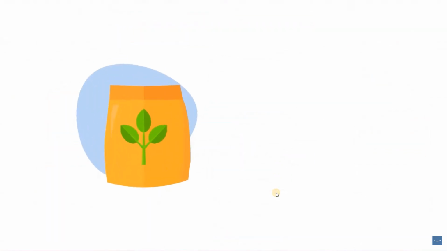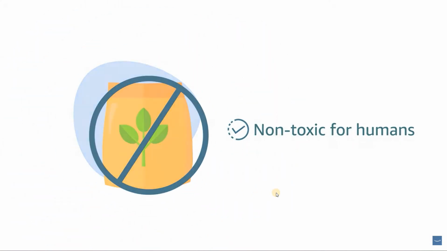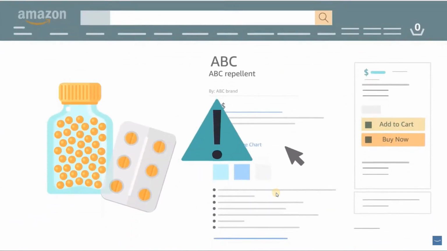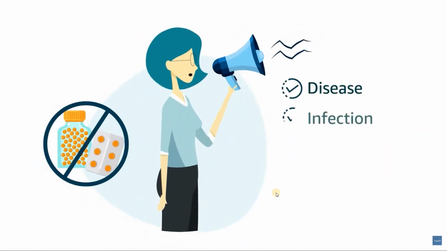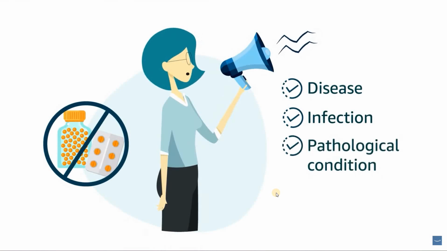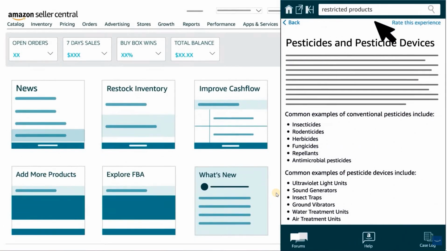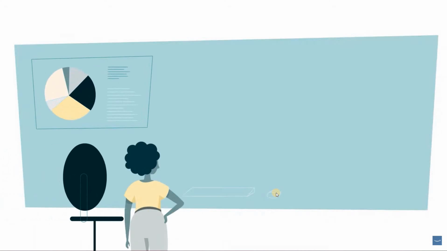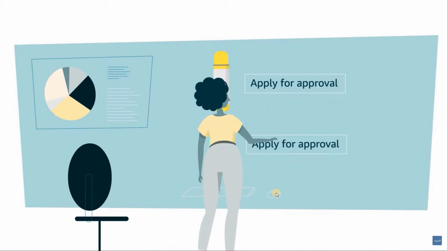Further, pesticide products that make public health claims are also prohibited. For example, Amazon prohibits the sale of any product that is marketed to control or mitigate any disease, infection, or pathological condition. For more examples of prohibited listings, refer to the help page on pesticides and pesticide devices in your Seller Central portal. If a selling partner wishes to sell pesticides and pesticide devices on Amazon, you must first apply for approval to sell these products.